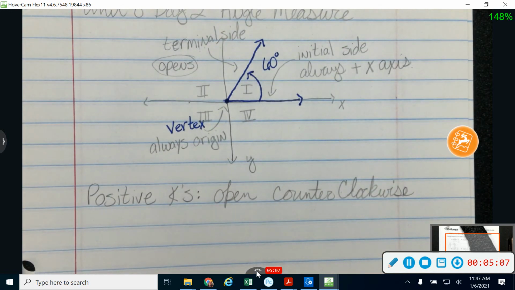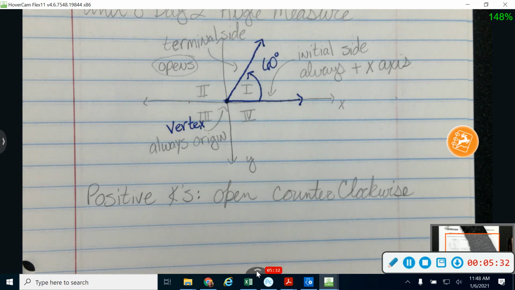When you think about these, think about the hands of a clock. One is staying still, and the other one is moving around the circle of a clock. So this angle is moving around that circular face of a clock. If it's opening counterclockwise, it is going to be positive.